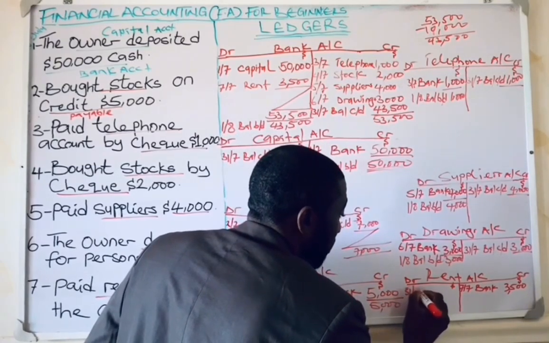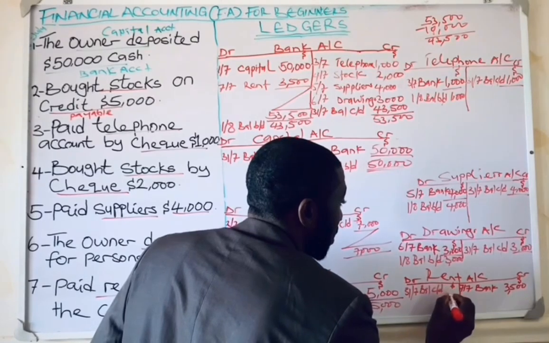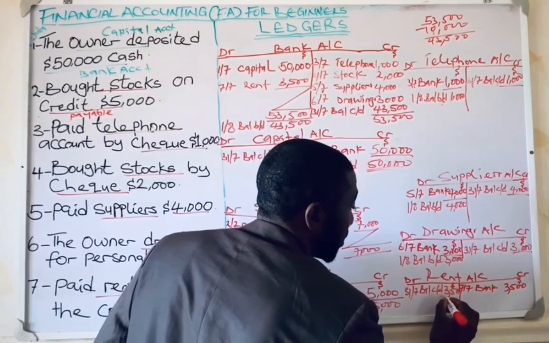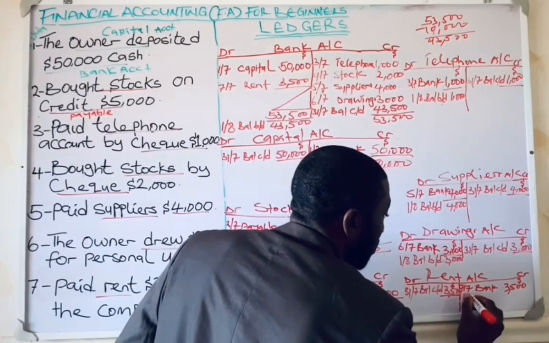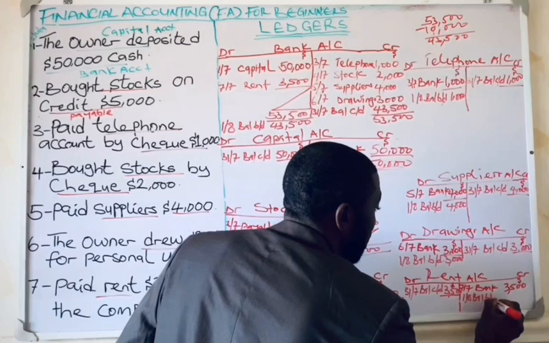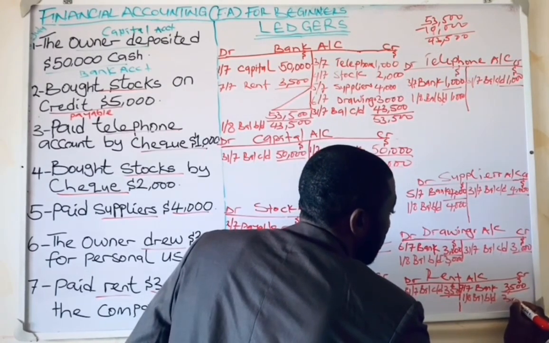On the 31st of July, our balance CD of $3,500, and at the beginning of August, balance BD of $3,500.